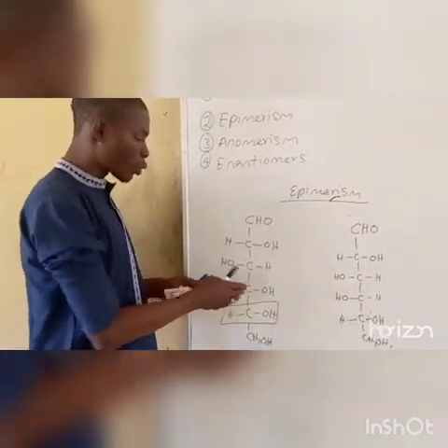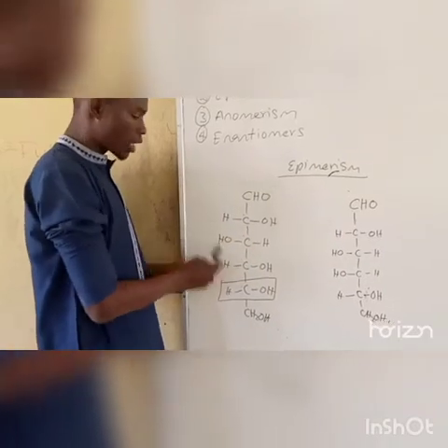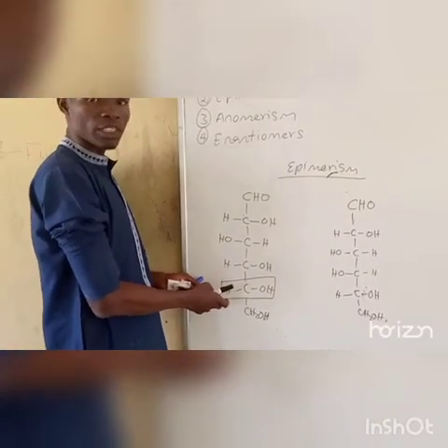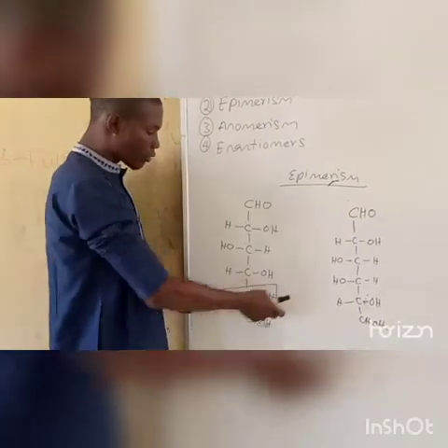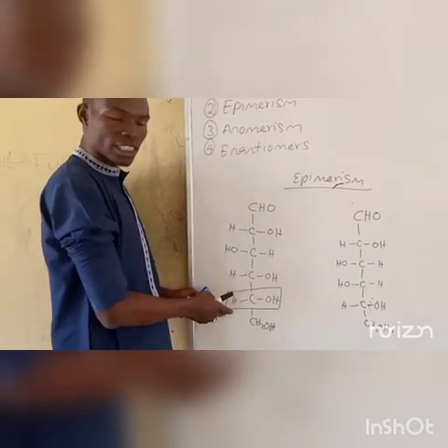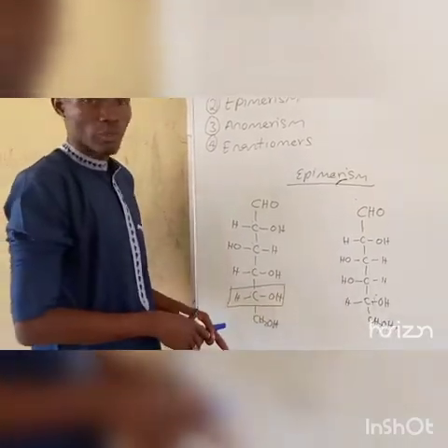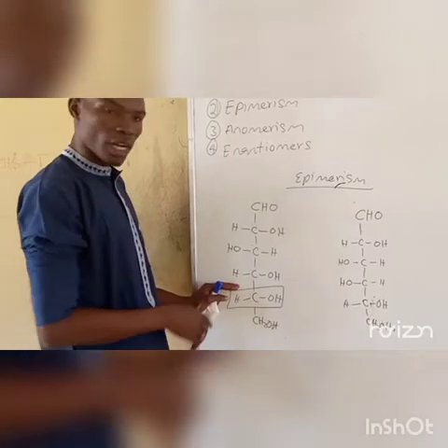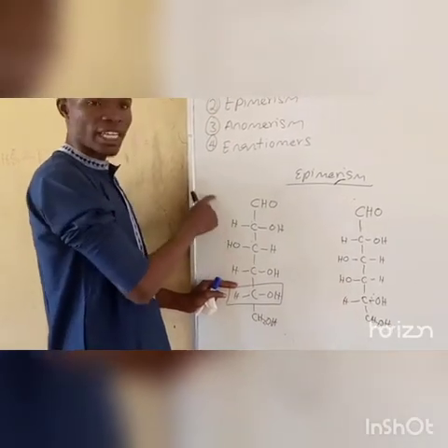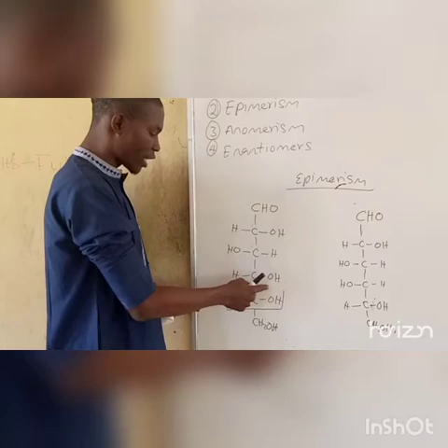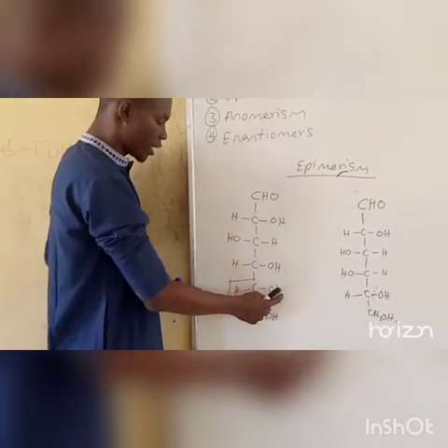Here, we rotate any of the OH apart from the OH on the penultimate carbon. When the OH on the penultimate carbon is rotated, it is called D and L isomerism. But apart from the penultimate one, any other chiral carbon whose OH is rotated is called an epimer.